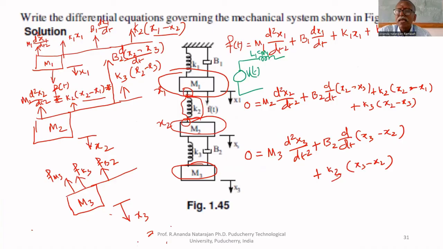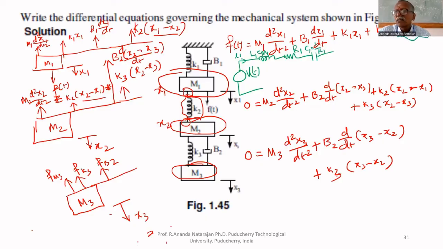B1 dx1. What is the current through this? I1. So V equals R, therefore R1. This is K1, therefore C1 equals 1 by K1. That's all.